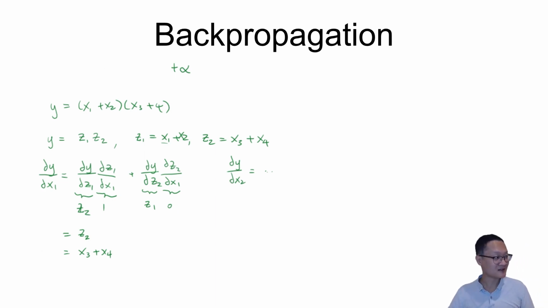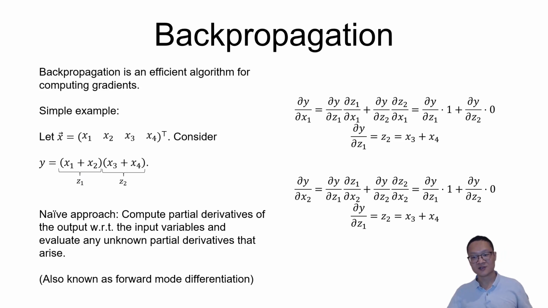Okay, back to the slides. That's basically what we did, applying the chain rule for multiple variables, and then you can get one of the partial derivatives. We can now differentiate with respect to x2. It's the same procedure, except that now z1 and z2 must be differentiated with respect to x2 instead. In this case, it's going to be the same thing.